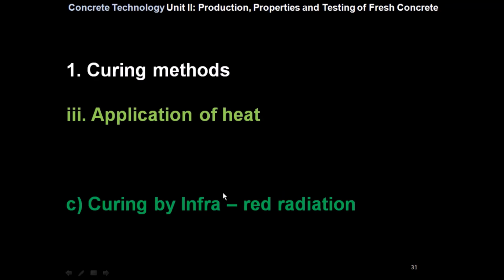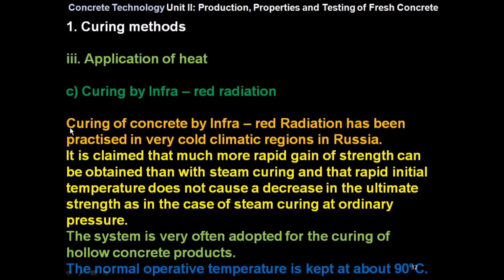Now we will see the third method, that is curing by infrared radiation. Curing of concrete by infrared radiation has been practiced in very cold climatic regions in Russia. It is claimed that much more rapid gain of strength can be obtained than with steam curing, and that rapid initial temperature rise does not cause a decrease in the ultimate strength as in the case of steam curing at ordinary pressure.